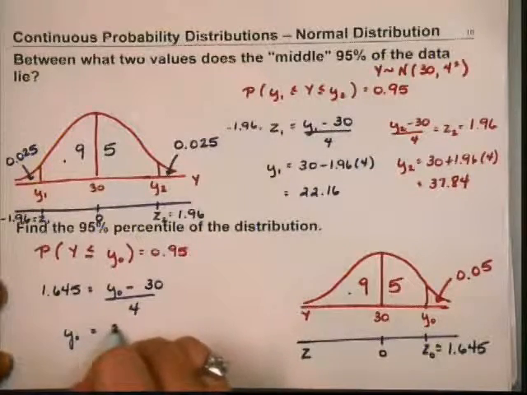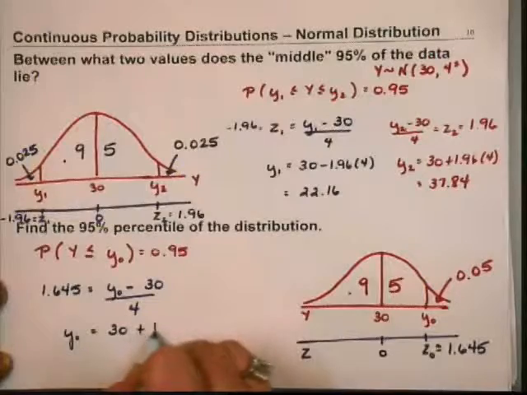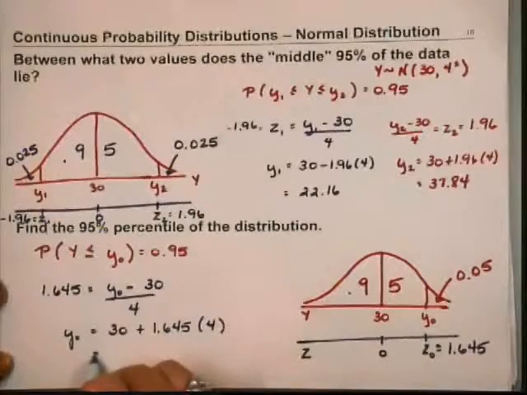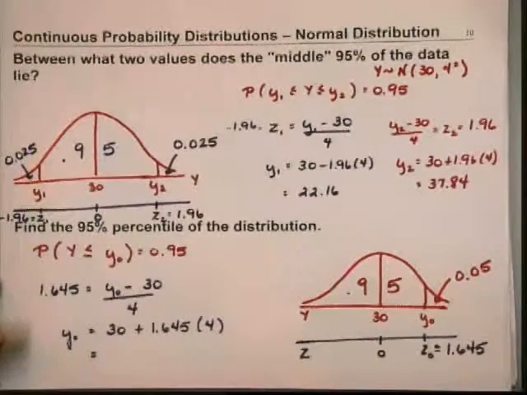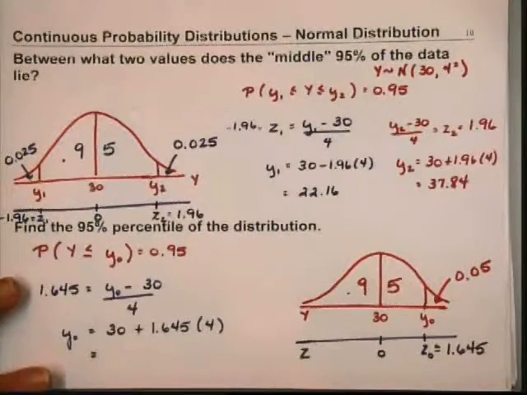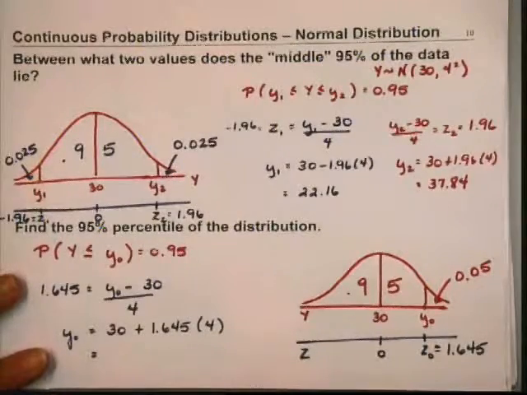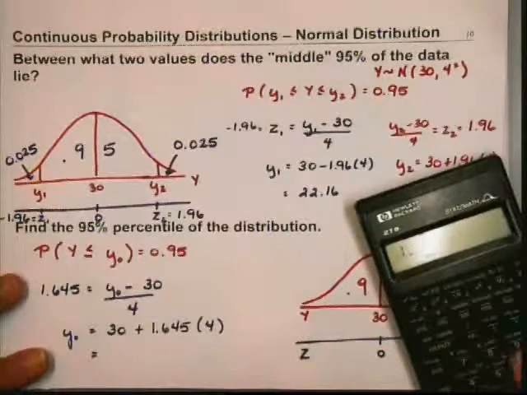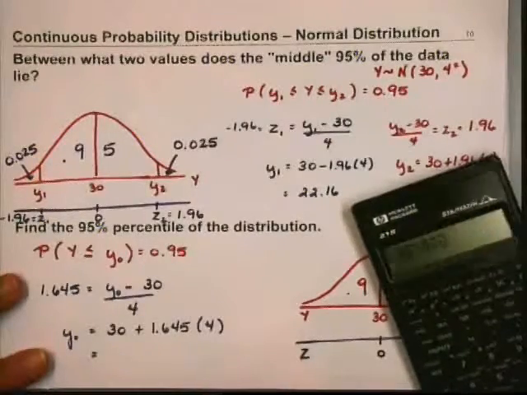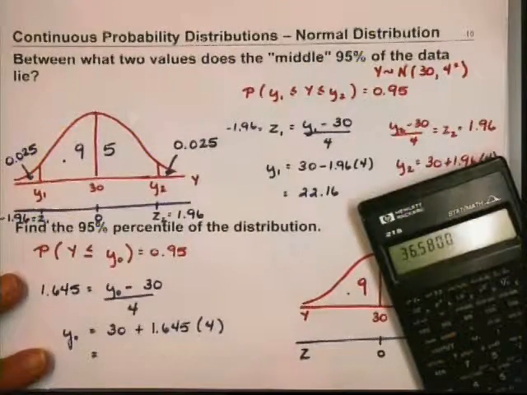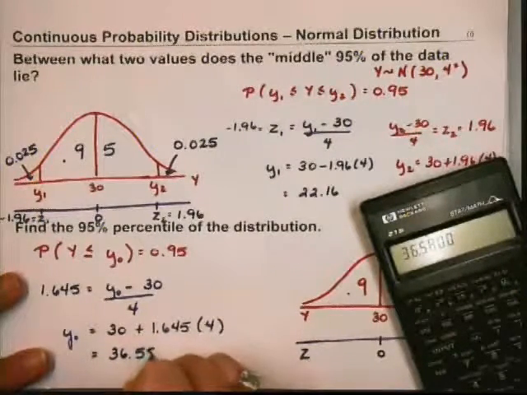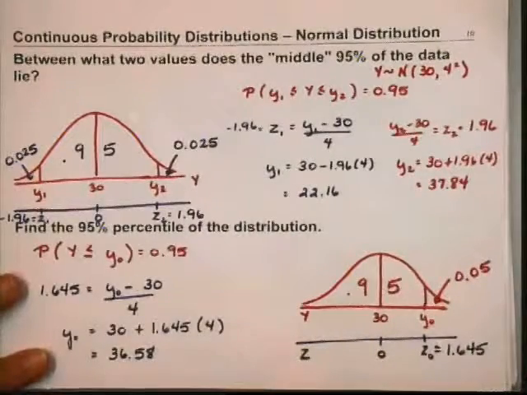Then y naught is equal to 30 plus 1.645 times 4, and the 95th percentile of this distribution of y is equal to 36.58. Do you agree?